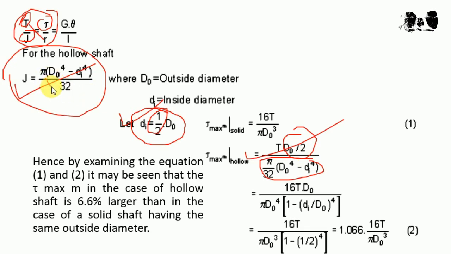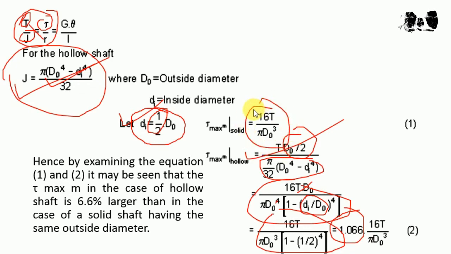By solving these, taking a common factor and cancelling, we have this portion, and by applying the ratio of small d by capital D, which is 1 by 2, we have this extra portion compared to the solid shaft, which is 16T upon pi d naught cube.